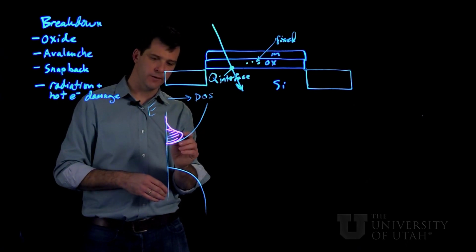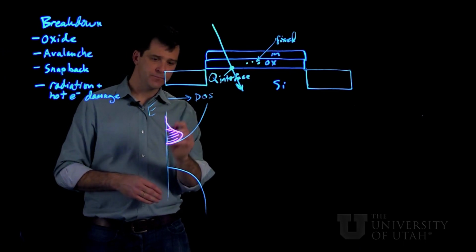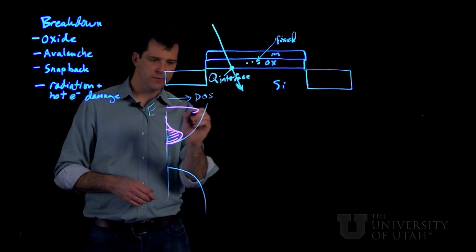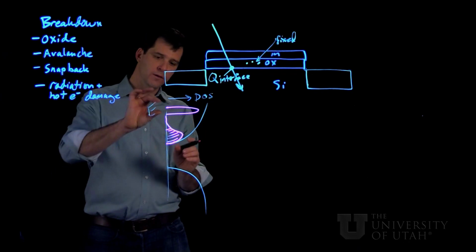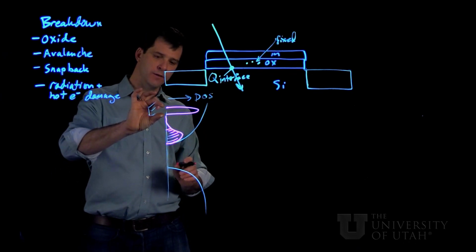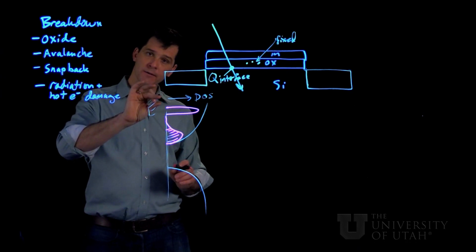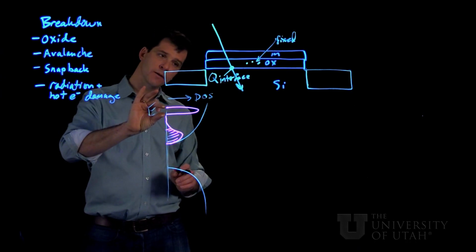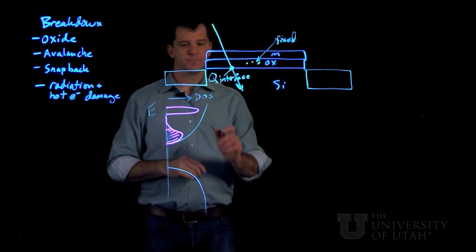This is the number of carriers versus their energy. Now, hot electrons might have some other distribution. For example, a non-thermalized hot electron population that has a lot of kinetic energy over a narrow energy range might look like this. How would that happen?